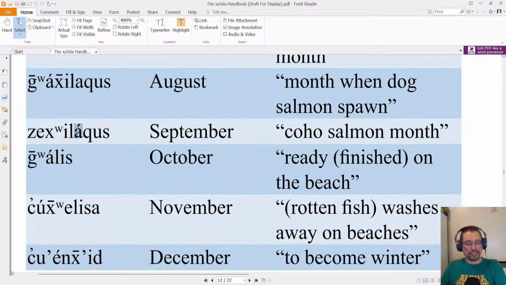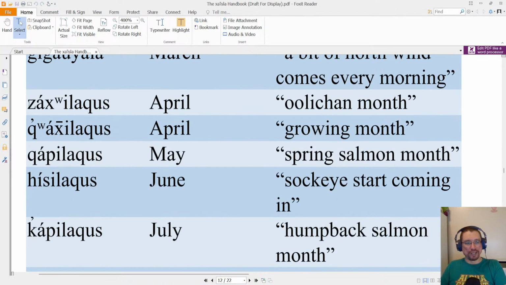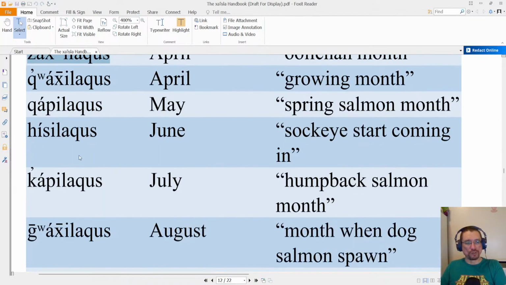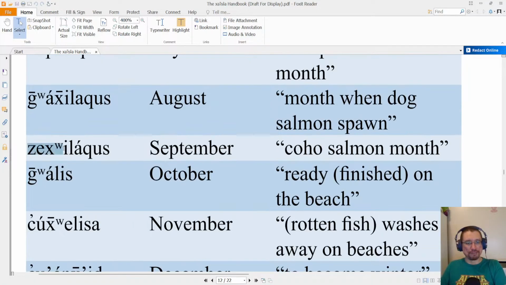And this one is where we're placing emphasis because the A has the acute accent. So that's why we're saying xa'isla. So we have xa'isla, and then we have xa'isla. Pay close attention to those differences between these two words.